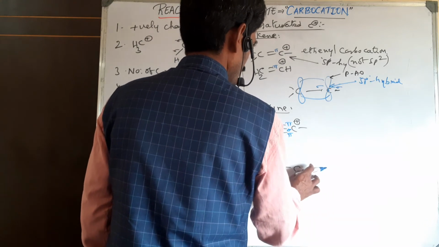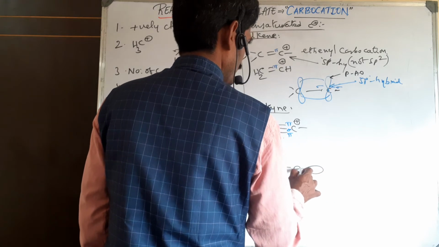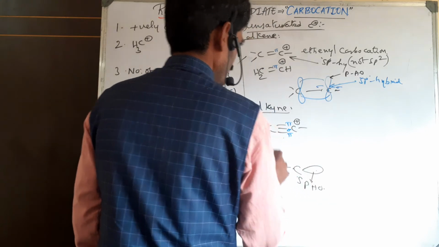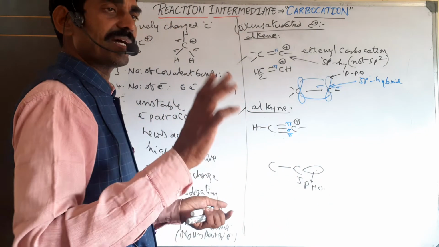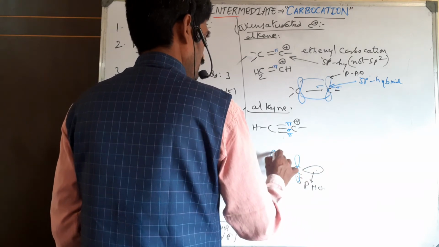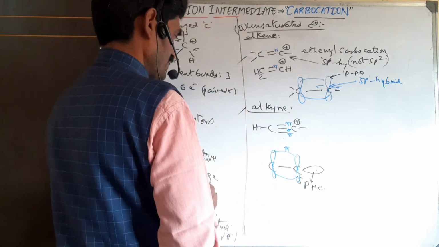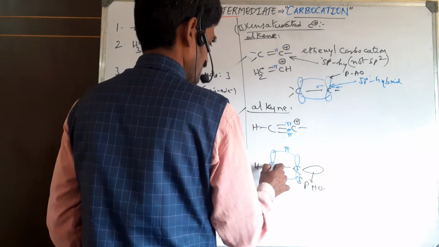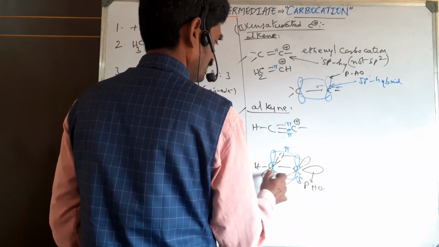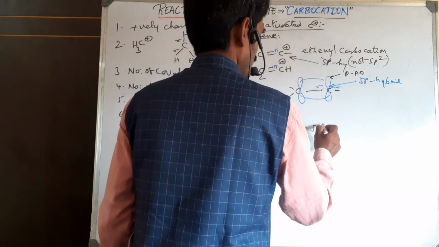It is sp hybridization, meaning this carbon has an sp hybrid orbital. These 2 pi bonds are not formed by hybrid orbitals, so they are formed by pure atomic orbitals. This is one pi bond, and the other you represent like this. This is another pi bond. So this carbon undergoes sp hybridization, sp carbon.